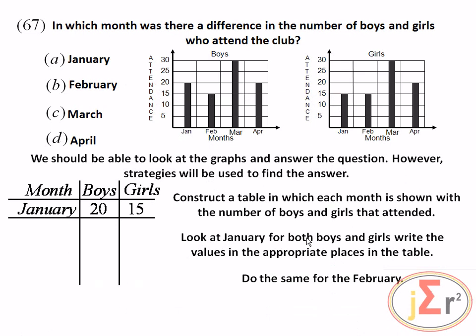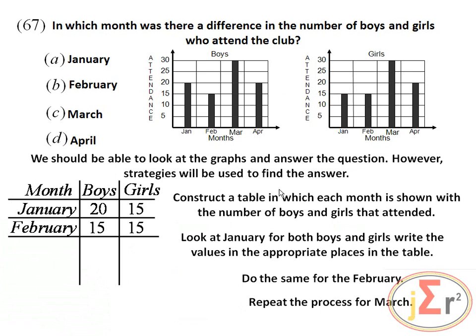So we are going to do the same for the month of February. That's the month, and those are the numbers. We continue to repeat for March. Notice where the arrows are pointing. They are pointing at 30 on both graphs.